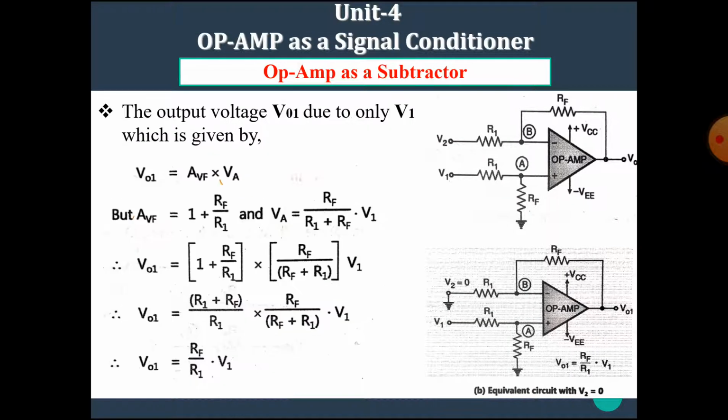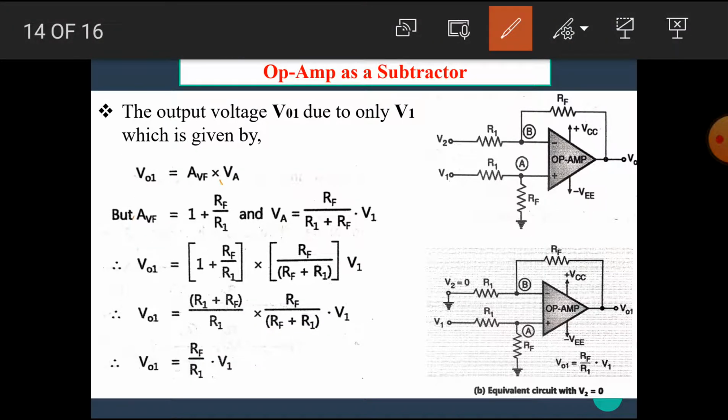Let's see. The output voltage V01 due to only V1 is given by V01 is equal to gain AV into VA. That means the output voltage is given by gain into the input voltage VA. VA stands for the voltage at point A. But AVF, that means gain, is equal to 1 plus RF upon R1.